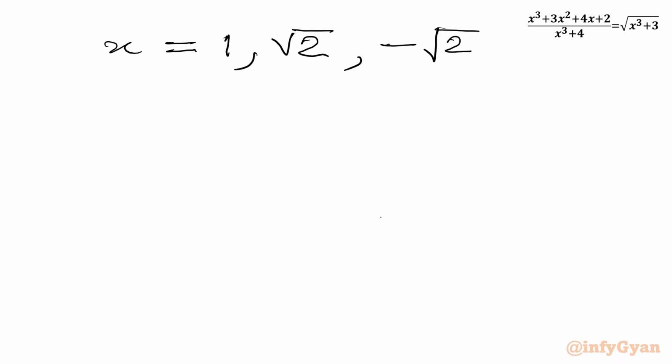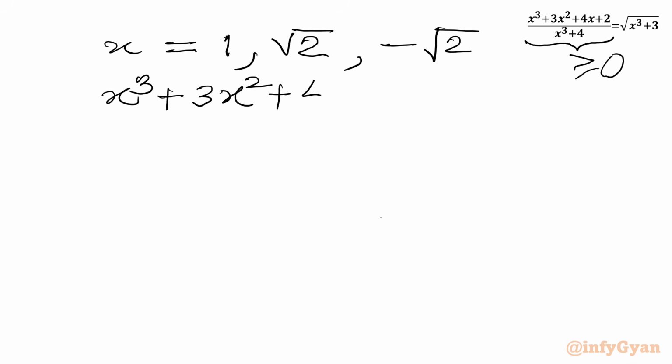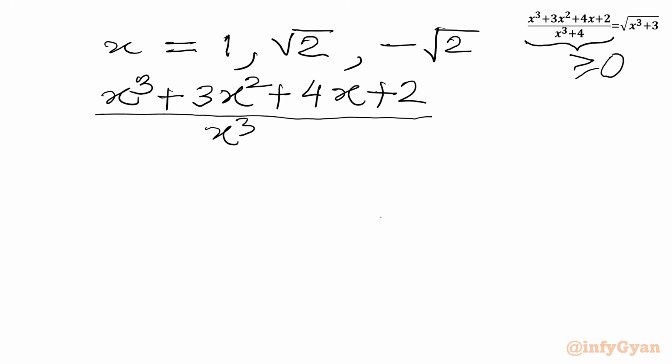Now I will be writing our condition from left side. Since we have a square root in RHS, our LHS must be non-negative. If x is positive, I will write x cube plus 3x square plus 4x plus 2 over x cube plus 4.